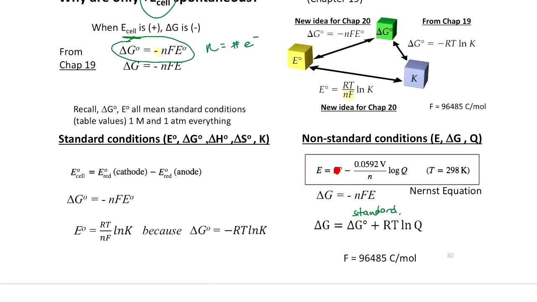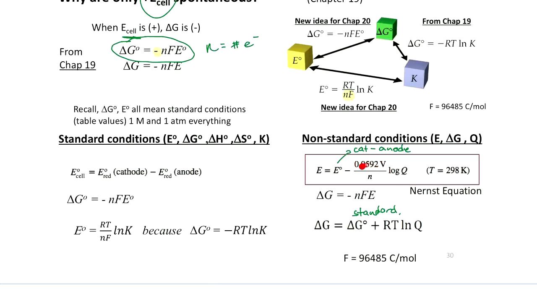So here, this is our normal cell potential, where you just do cathode minus anode. But then you need to take into account the actual concentrations present. So you subtract this voltage divided by n, times log of Q.